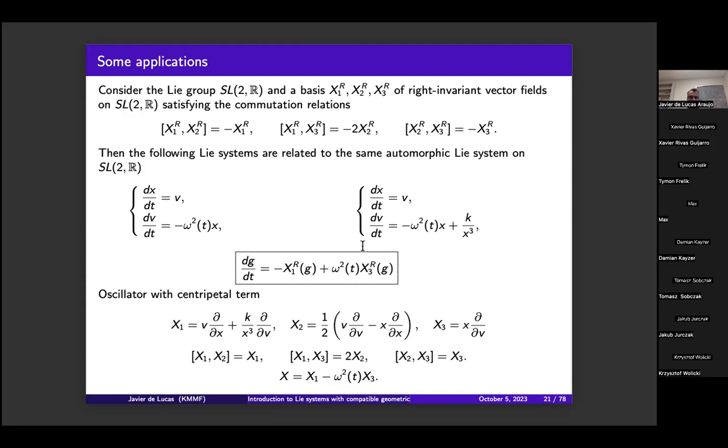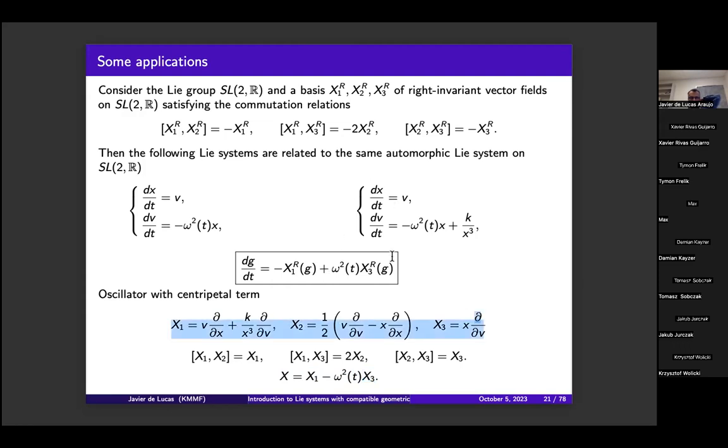The thing is that when I found the automorphic Lie systems of these, they were exactly the same. No matter if you have this system, a harmonic oscillator, or this equation, sometimes called a Milne-Pinney equation, or the Smorodinsky-Winternitz oscillator, you can write both differential equations as the differential system corresponding to this time-dependent vector field, where X1 is this vector field, X3 is this vector field.